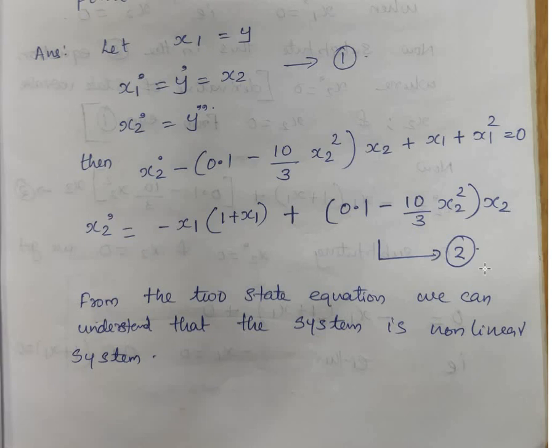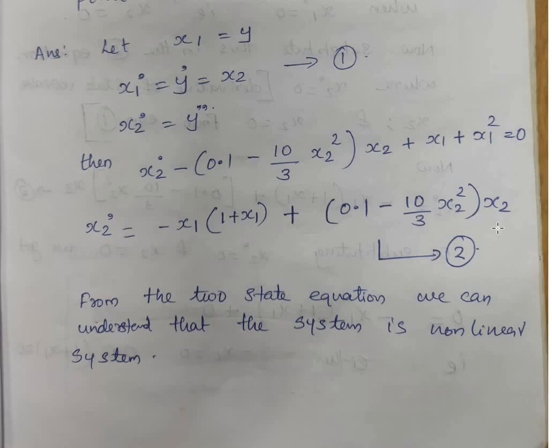Whatever system dynamic equation we get, we can rewrite into state equation form. From the two state equations itself, we can understand that this is a nonlinear system, because square terms and cube terms are involved: minus x1 minus x1 square, and minus 10 by 3 x2 cube.